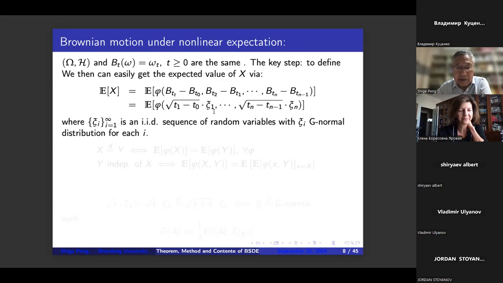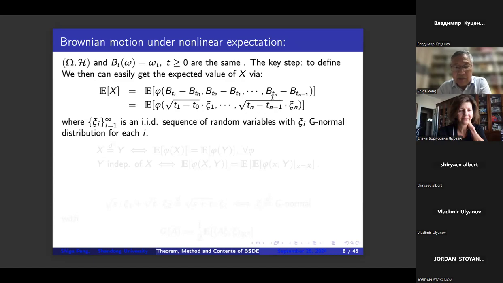It is also needed that this is independent, because here the dependence has direction.